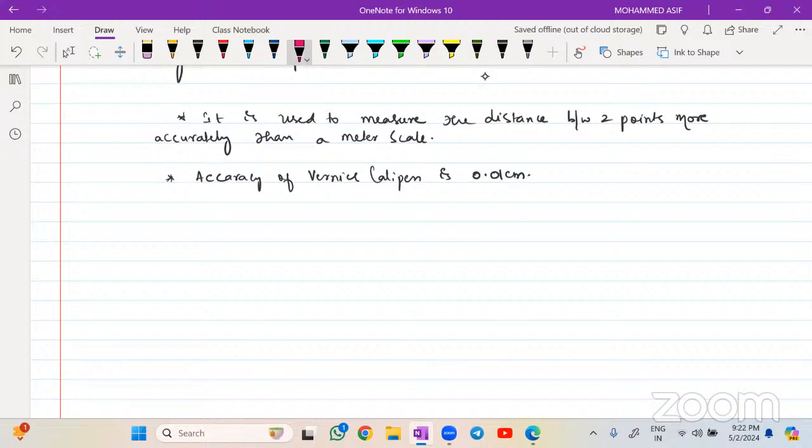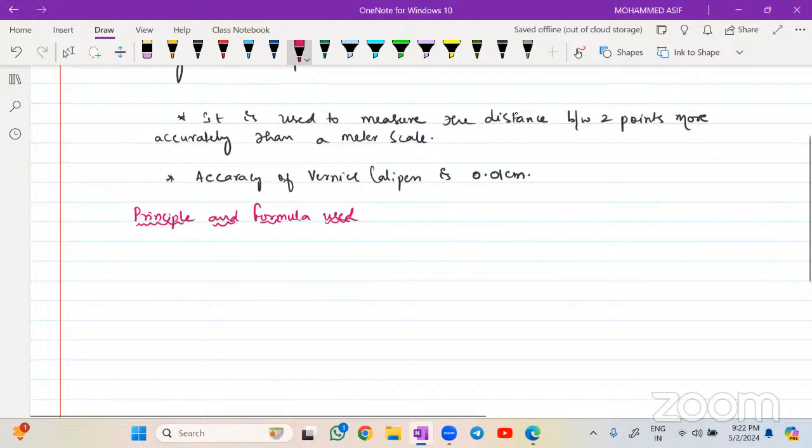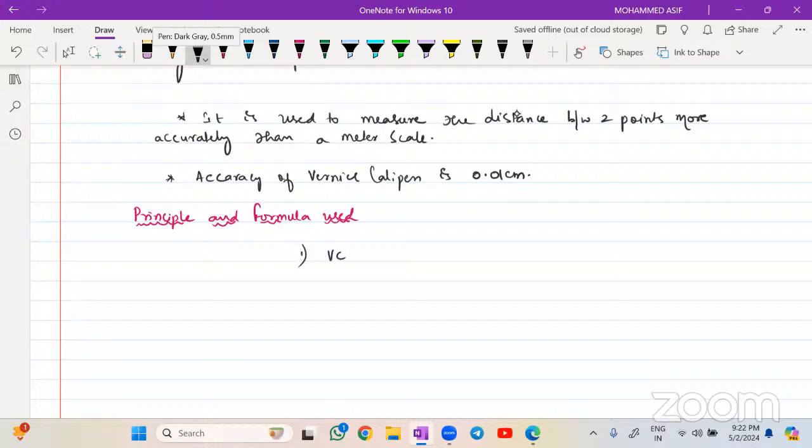और see, what is the principle used in this one, beta? Principle and formula used. What is the principle and what is the formula used in this one? तो बता सकते हैं? फर्स्ट वन देखो, vernier constant will be equal to 1 MSD minus 1 VSD. लास्ट मोमेंट में इसको कैरी करो बेटा.